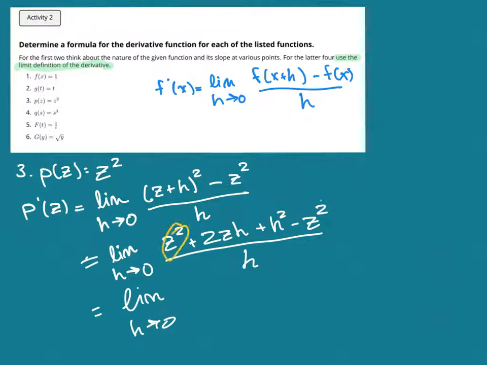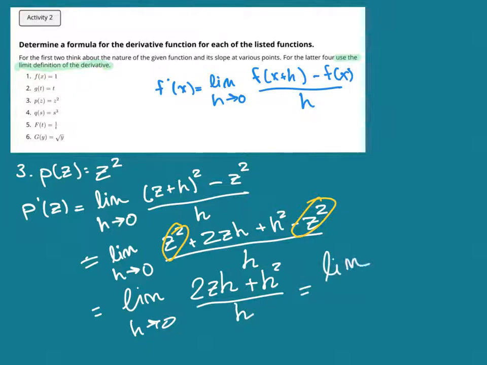Well, I see a z squared and a z squared. So it looks like what's left over here is 2zh plus h squared all over h. That's the limit as h goes to 0 of factor out an h, 2z, sorry, that's a 2, not a z, looks better, plus h over h.